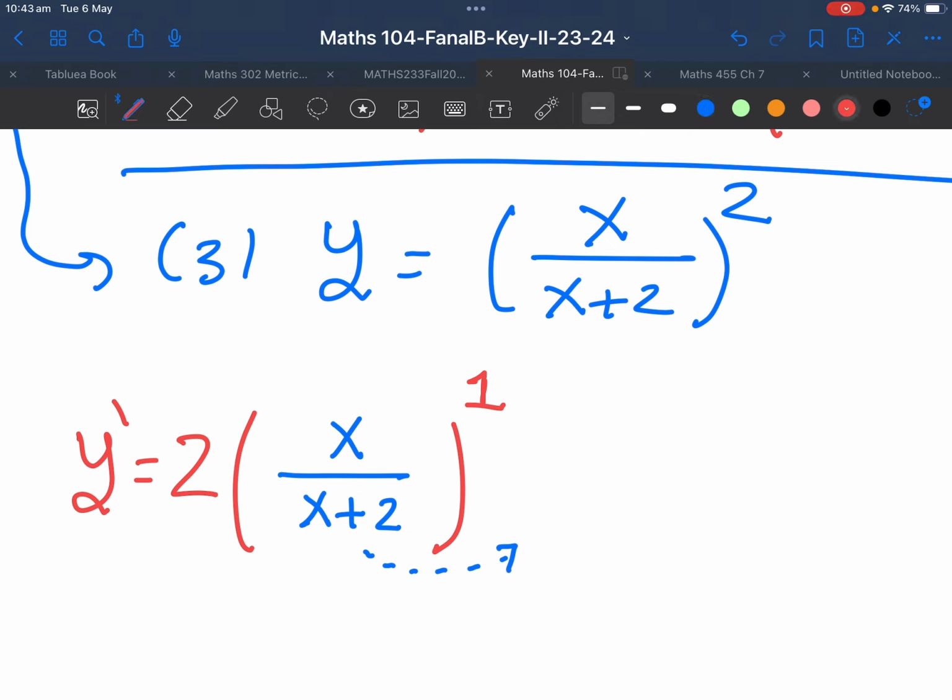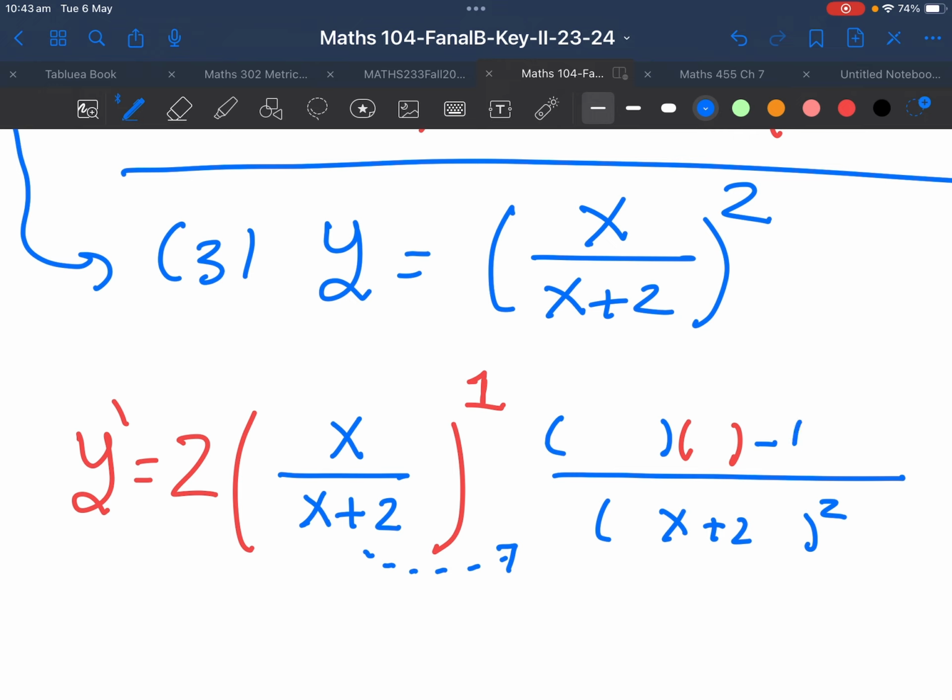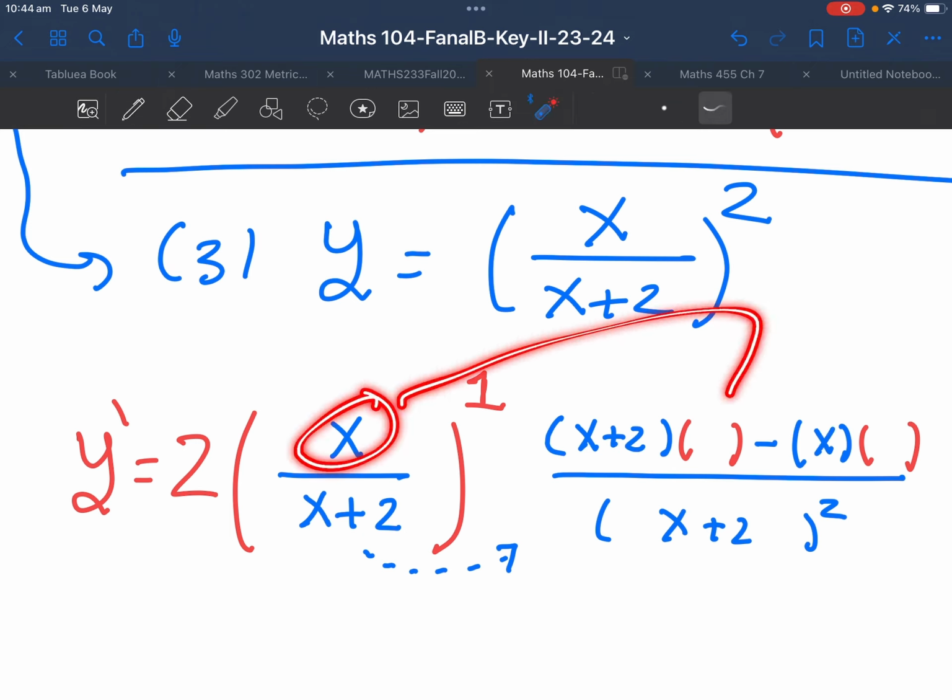And now you need to find the derivative of the inside. How do we find the derivative of the inside? We use the quotient rule. So we get denominator squared, and on top, denominator times derivative of the numerator minus numerator times derivative of the denominator. Now, what is the derivative of x?